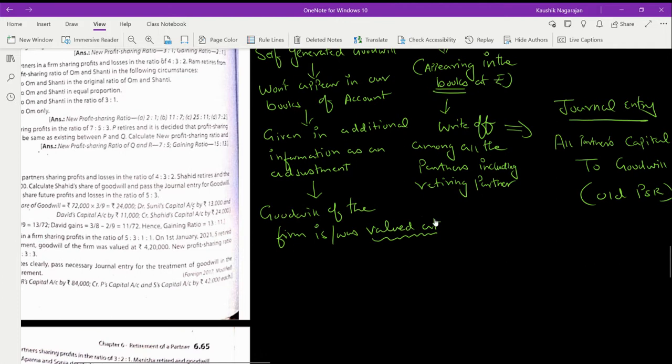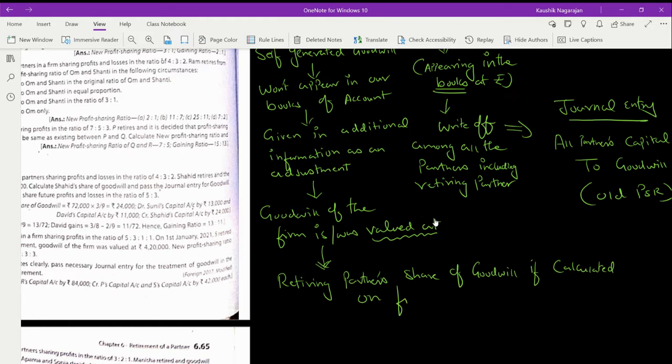Now what we need to do with respect to this self generated goodwill is find out the retiring partner's share of goodwill. The retiring partner's share of goodwill is calculated on the firm's goodwill.